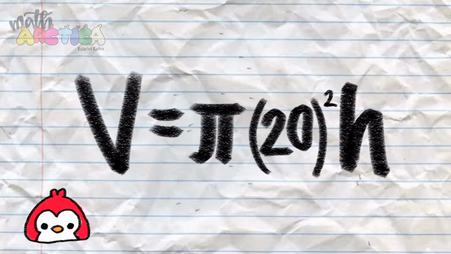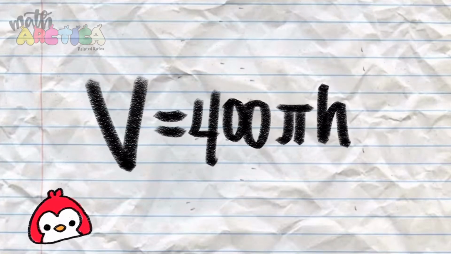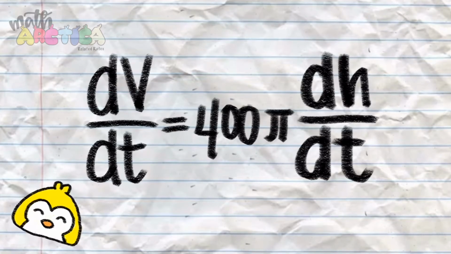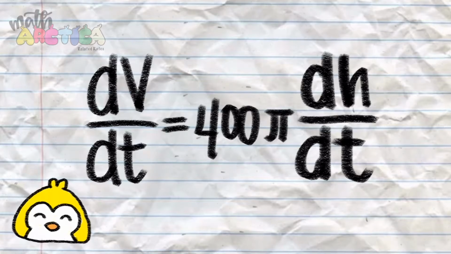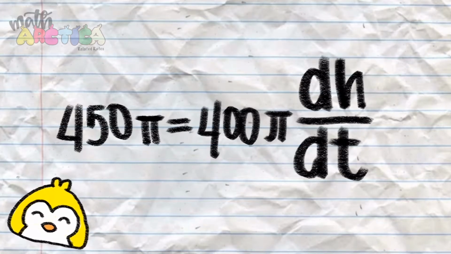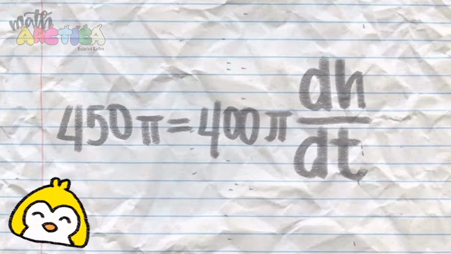V is equal to pi times 20 squared times height, so the answer will be 400 pi times height. So differentiate. dV over dt is equal to 400 pi dh over dt. Then substitute. 450 pi is equal to 400 pi dh over dt.